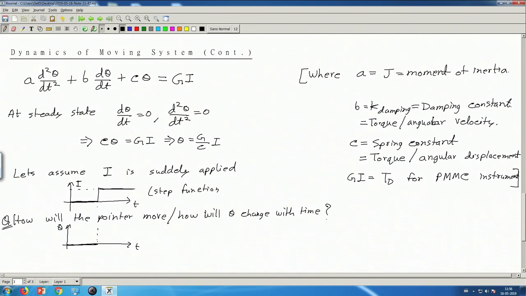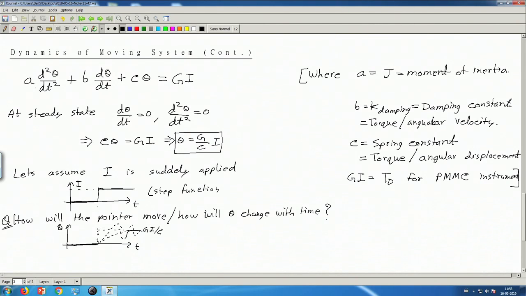It should be 0 up to this point of time, and then it will finally reach some value here which is given by this. This is theta final, which will be GI by C. But will it reach there at once like this, or will it reach there like this, or will it reach there after some oscillation? This is the question that we want to find out.